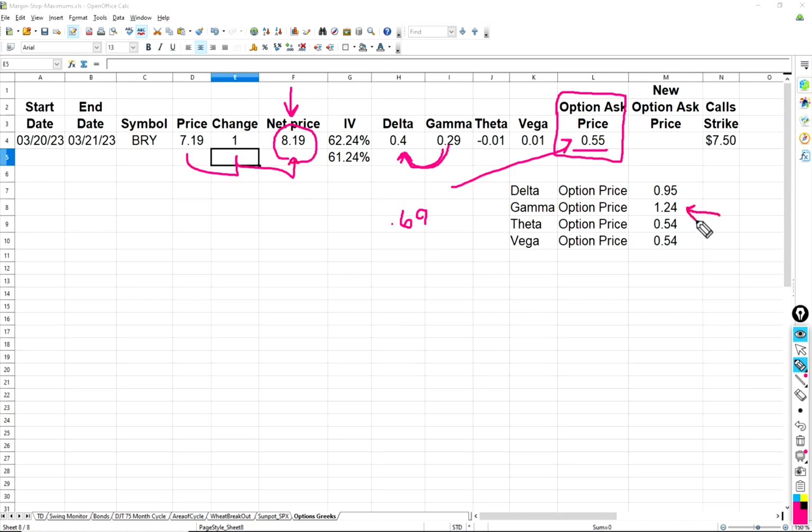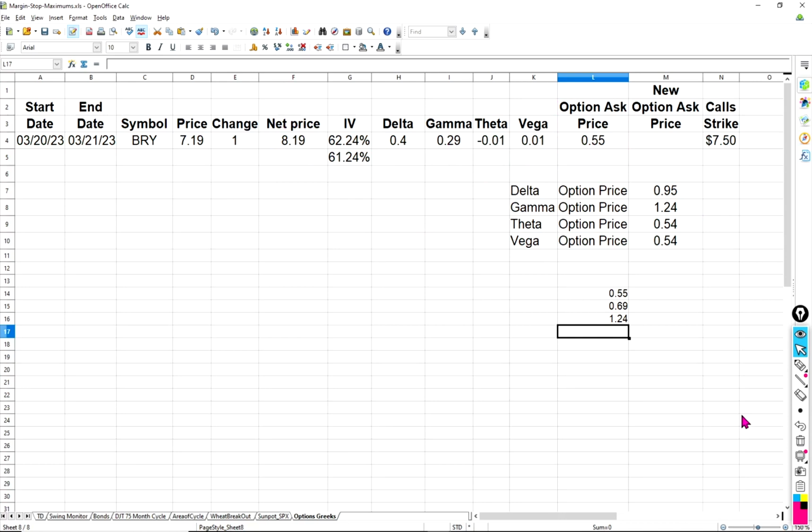Well, it's 1.24, right? 70 and 50 is 120, plus the 4, right? Let's check it. It is 55 plus 69. Really what it says it is. Yep, a buck 24.